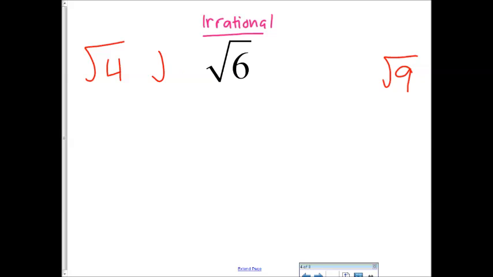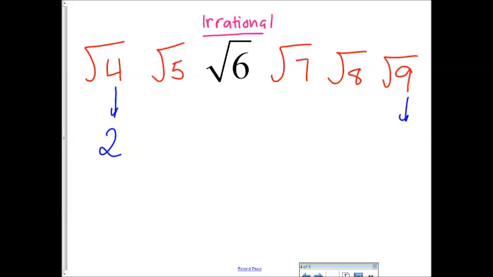And we can fill in our other square roots, 5, 7, and 8. The square root of 4 is 2. The square root of 9 is 3. It's closer to 4 than it is to 9.